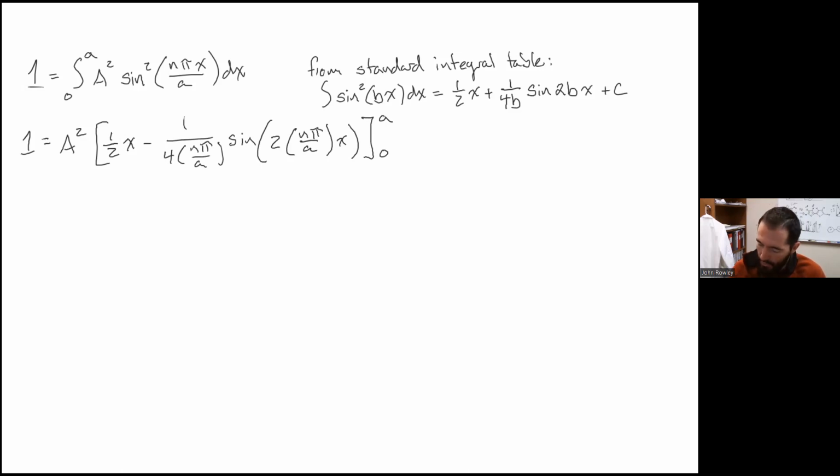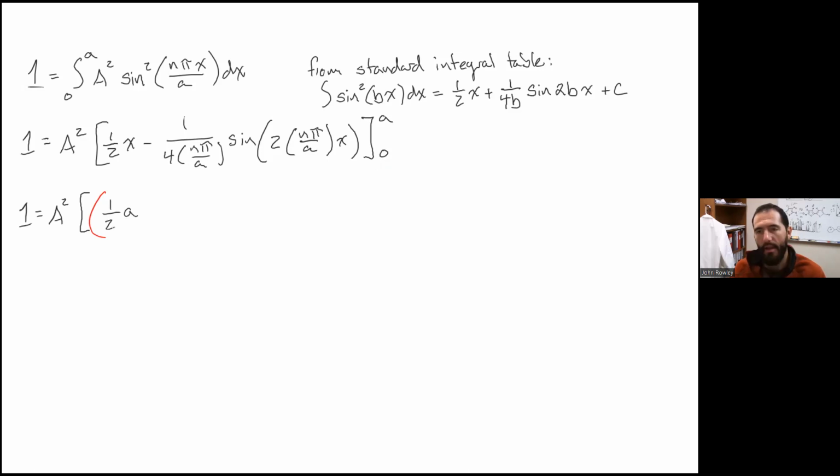Now I need to write out two terms, one for the 0 and one evaluated at a. So 1 is equal to A squared. And here I'll make parentheses of different colors to make it easier to follow. That would be 1 over 2.